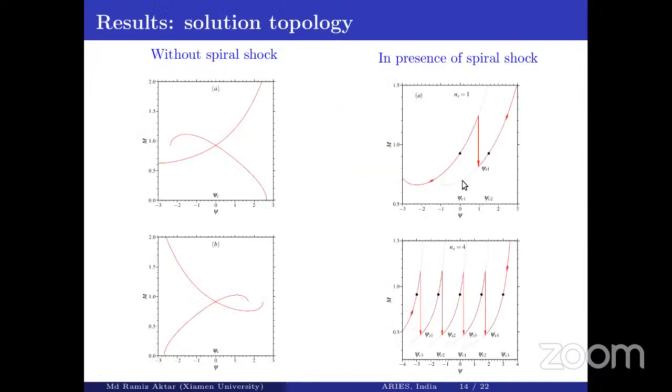So this A and B panel, on the left side. Yes. So what is the reason for this discontinuity? The reason is that spiral shocks are forming here, because you can see it is dependent on the flow parameter as well as the binary parameter.